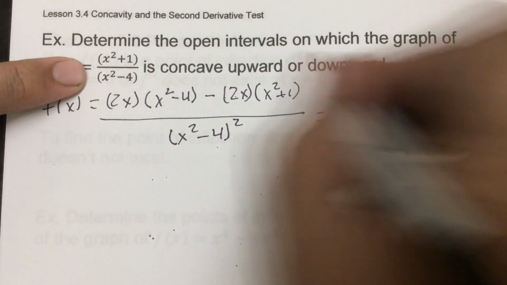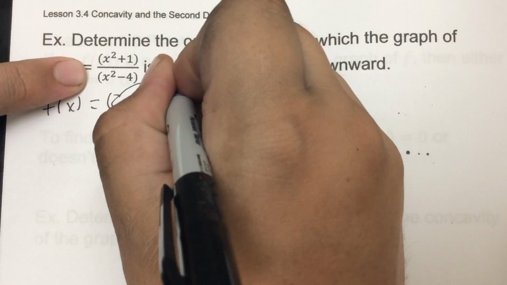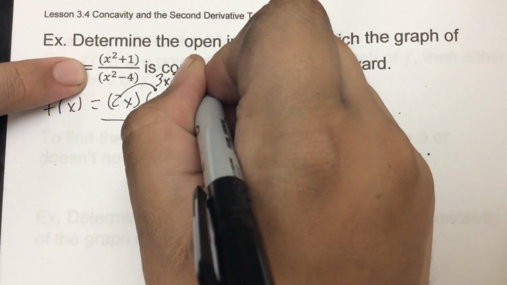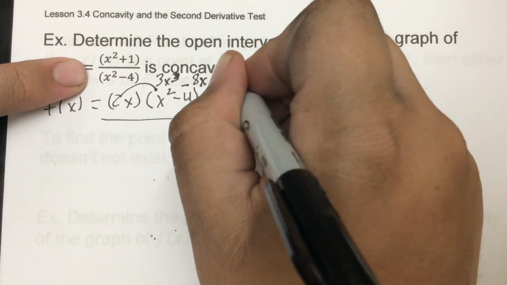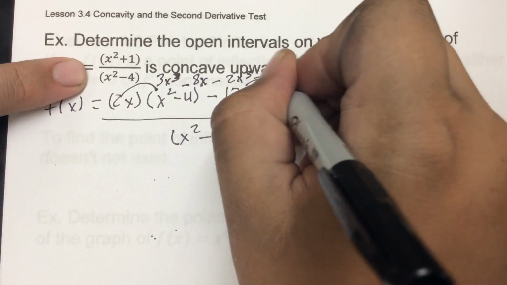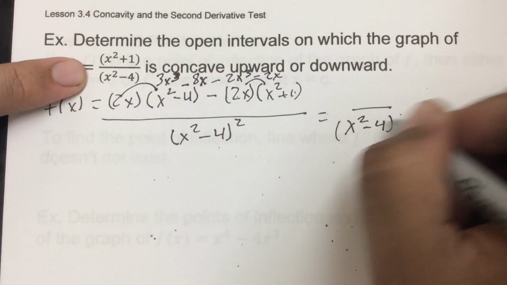So to simplify this, you have 3x cubed minus 8x. If we distribute it in here, we'd have a minus 2x cubed minus 2x. So x squared minus 4 squared.